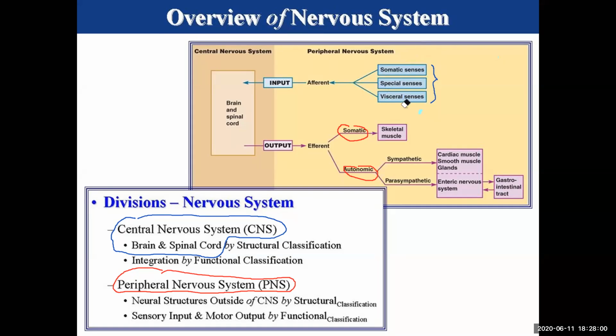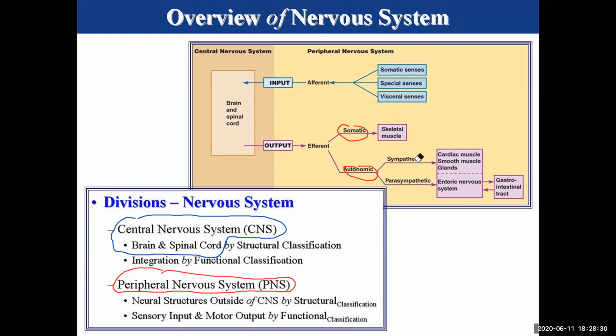Moving on to the motor, the difference between somatic and autonomic. Somatic means, in the case of the motor function, it allows you to control your skeletal muscles. So somatic means voluntary control. Autonomic means involuntary control. So you do not have voluntary control over your sympathetic and parasympathetic motor outputs.